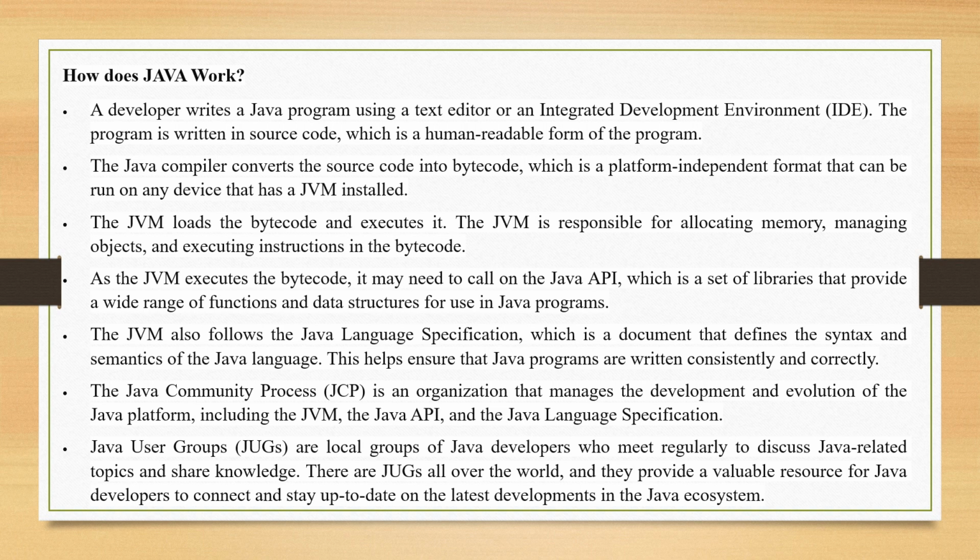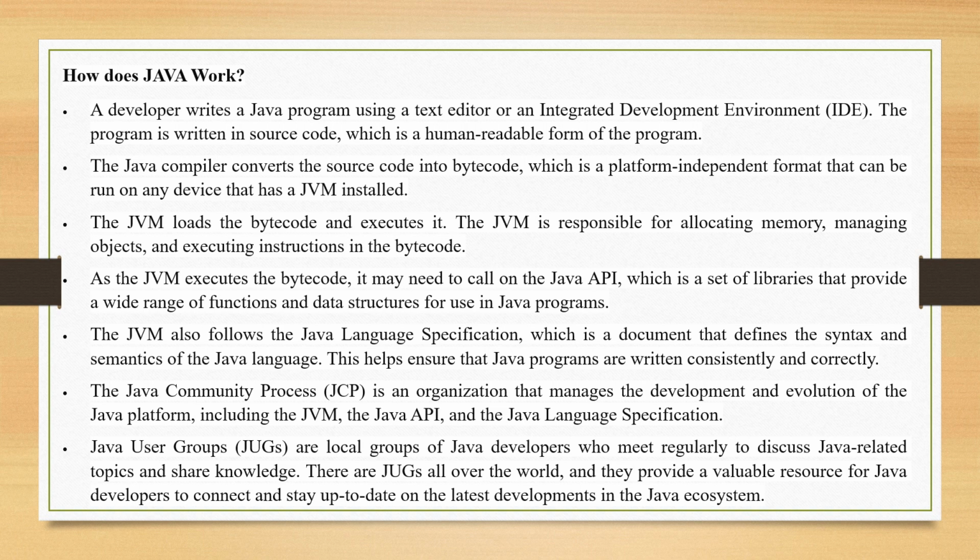Then the JVM loads the bytecode into memory and executes it. The JVM is responsible for allocating memory, managing objects, and executing instructions in the bytecode, as we already saw. As the JVM executes the bytecode, it may need to call the Java API, which has a set of libraries that provide functions and data structures useful for Java programs.